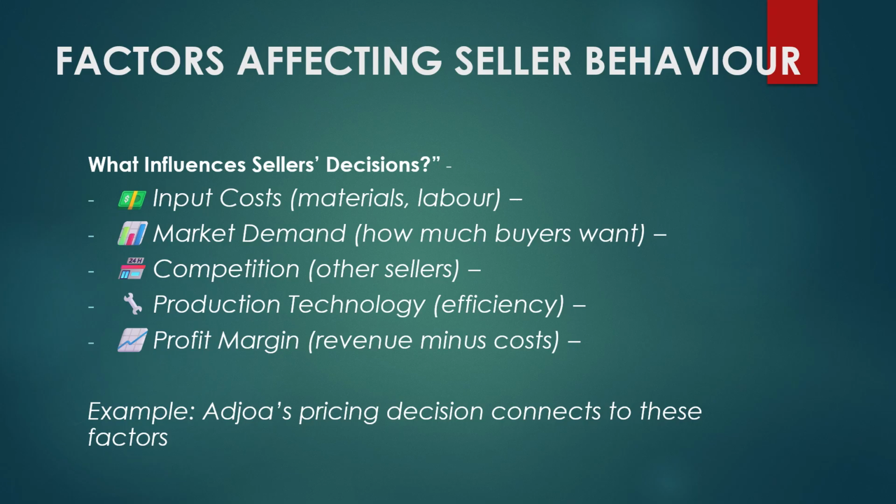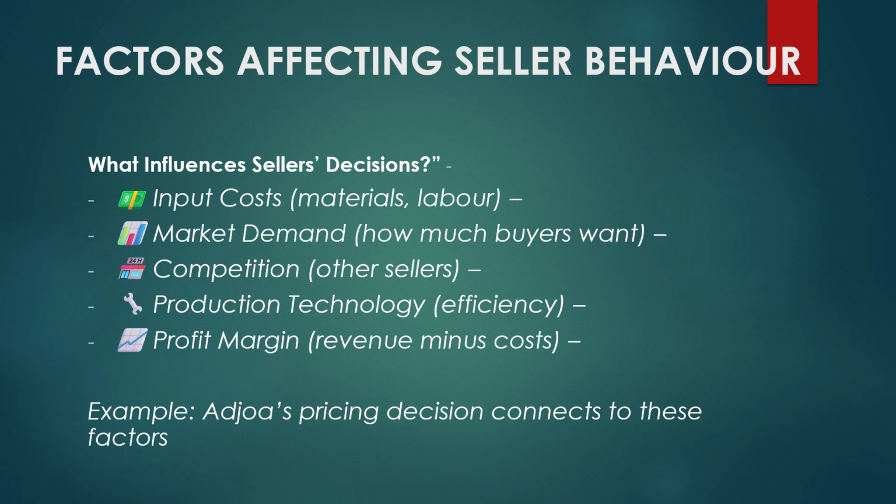The next factor that influences them is what? Market demand. How much buyers want. Sellers consider how much buyers want their products. If demand is high, sellers can charge higher prices. If demand is low, they might need to lower prices in order to attract buyers.